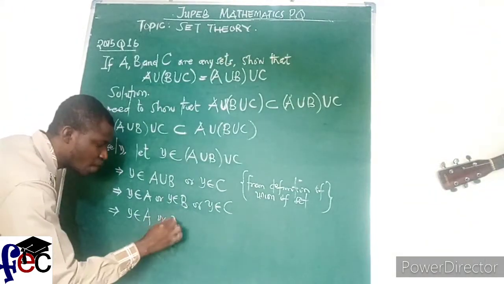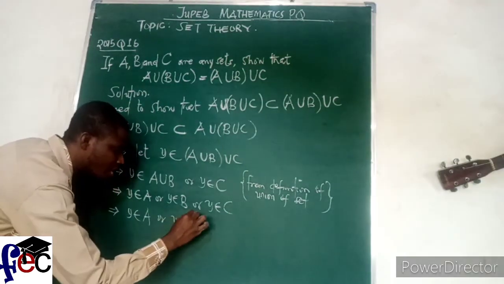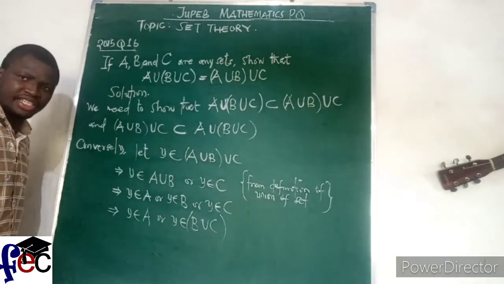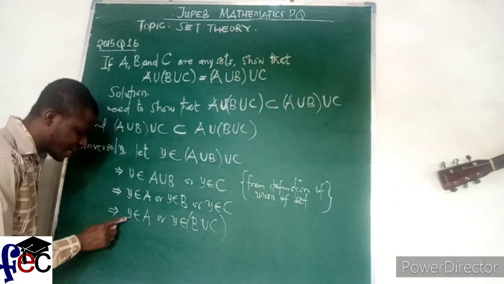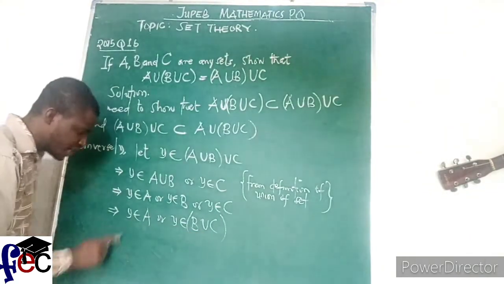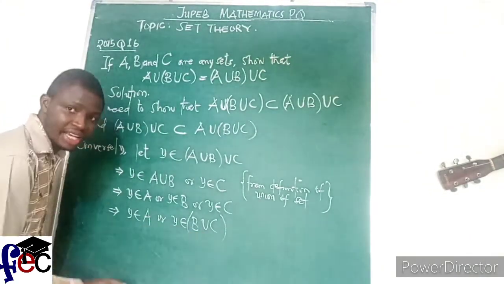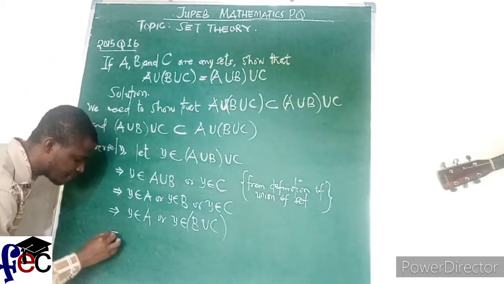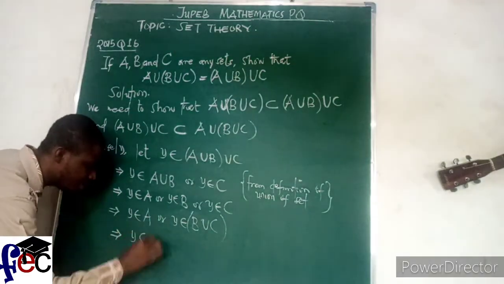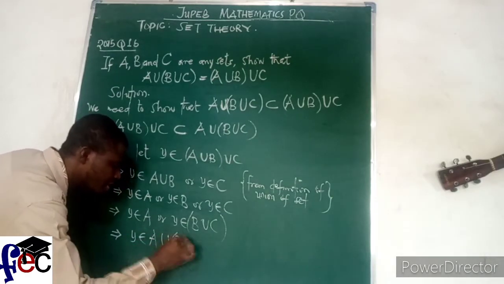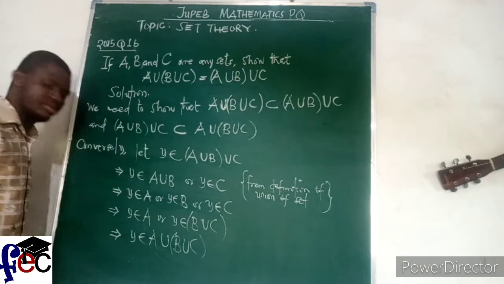Definitely Y is going to be a member of set B union C. Do you see it? If Y is a member of A or Y is a member of B, it means when I combine this and this together, I will find Y as a member. Are you getting it? So this implies that Y is a member of A union B union C.